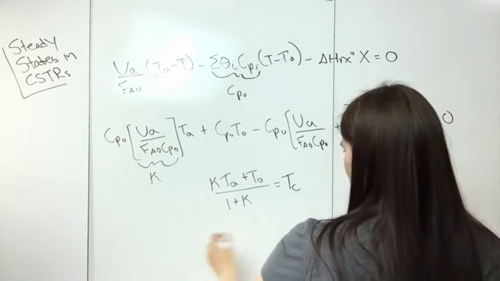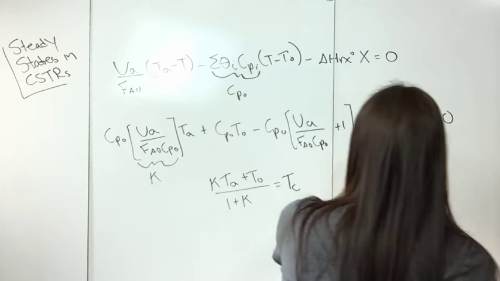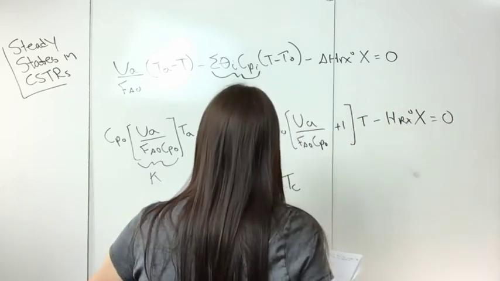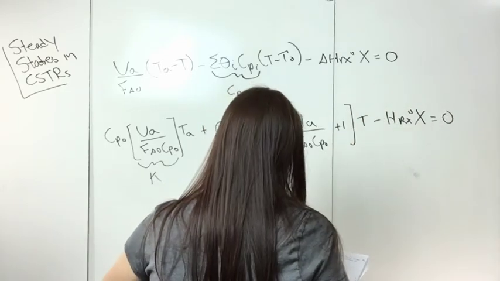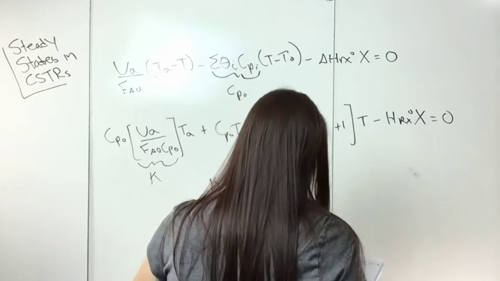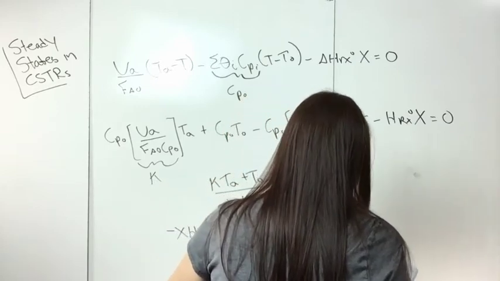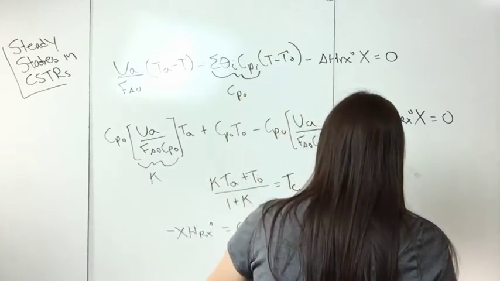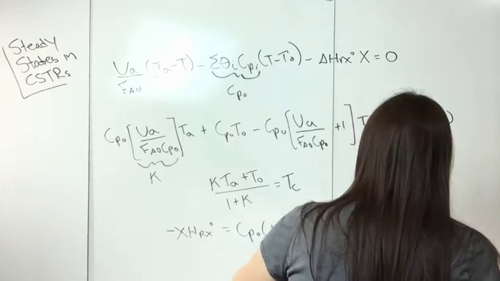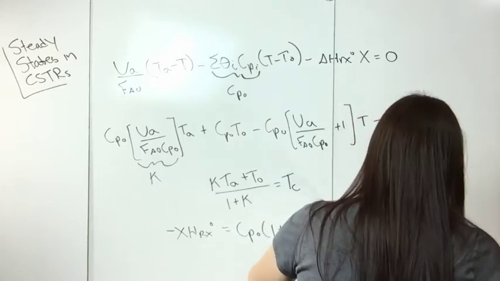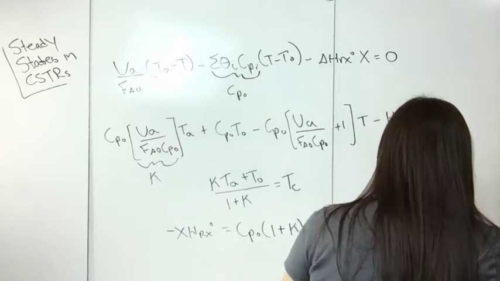If you do this, you can rewrite this equation as minus X heat of reaction is equal to Cp naught 1 plus kappa multiplied by T minus Tc.